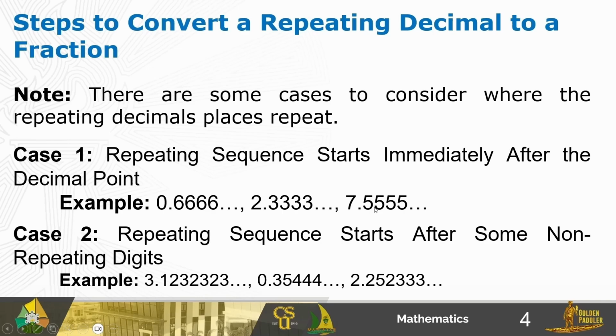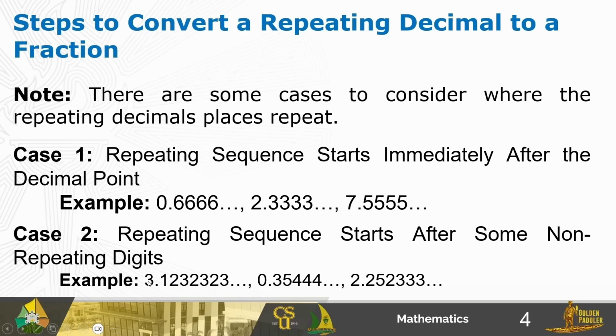For the second case, the repeating sequence starts after some non-repeating digits. For example, the first example is 3.1232323. The repeating block is 23, and it's after 1, the non-repeating digit.